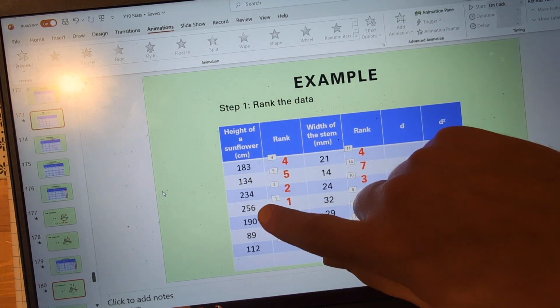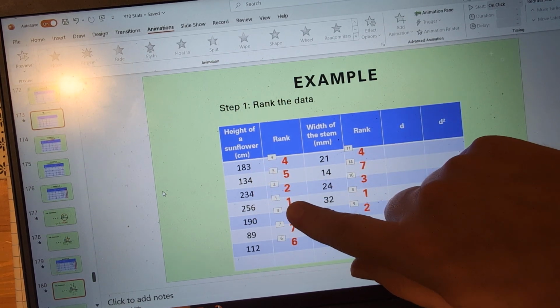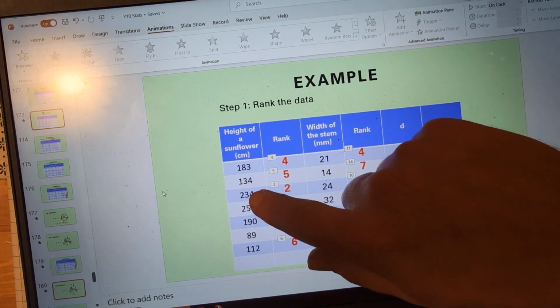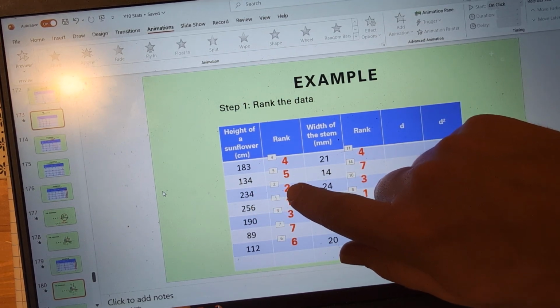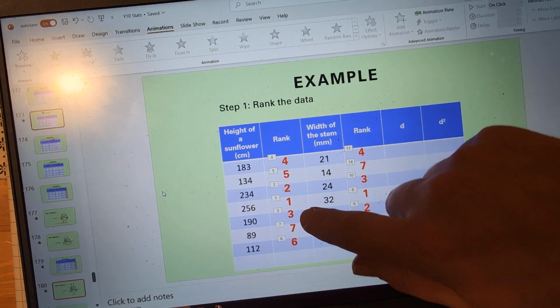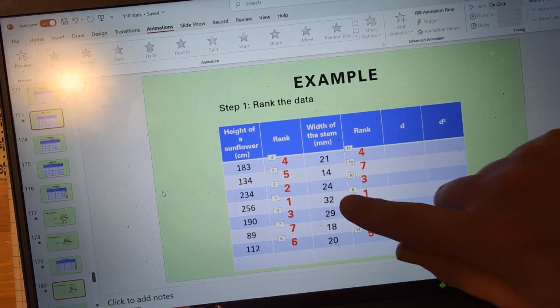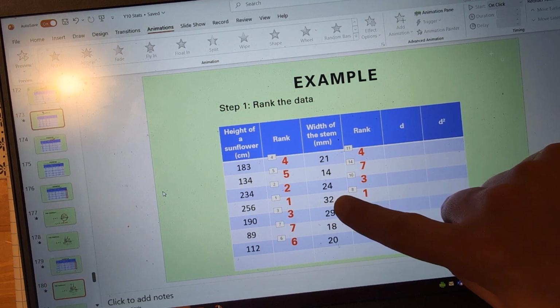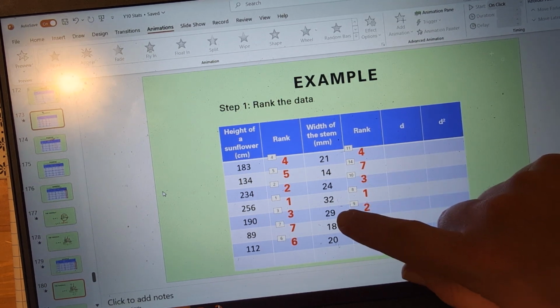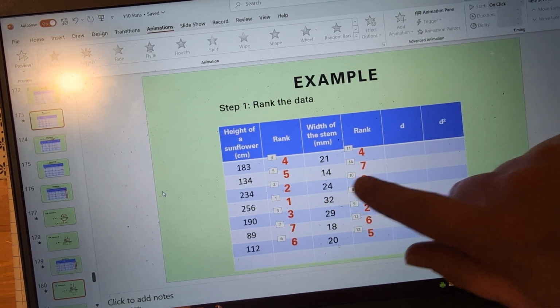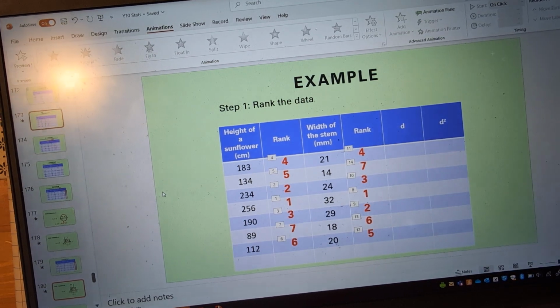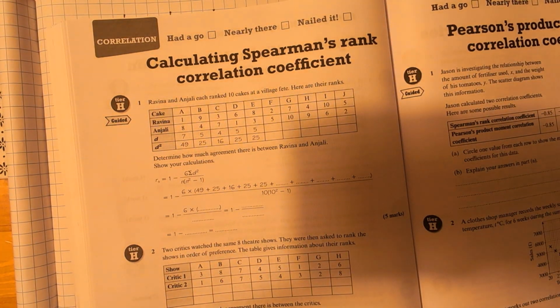So obviously here, the biggest is the first rank, 256, 234 is the second rank, and the third rank is 190, and so on. So you'd have to do this rank individually yourself and then do the same thing for the width. So the thickest width is 32, the second thickest width is 29, the third thickest width is 24, etc. In this particular example, the ranking process has already been done for you, so you don't need to rank them yourself.